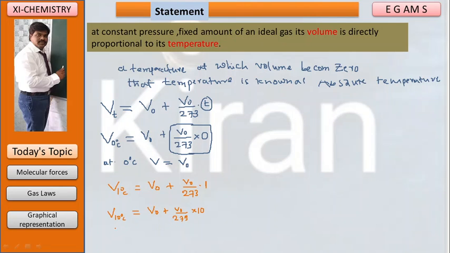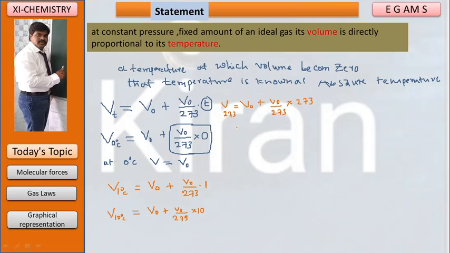Same way I am writing at 273 degree centigrade: V at 273 degree centigrade is equal to V naught plus V naught by 273 into 273.